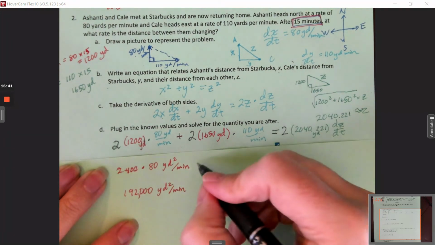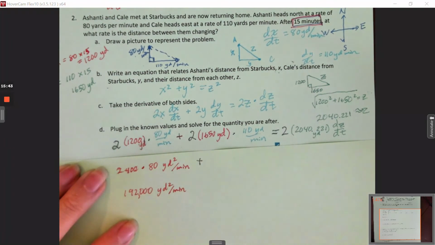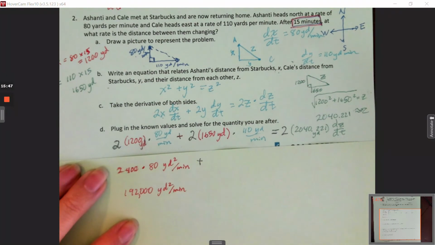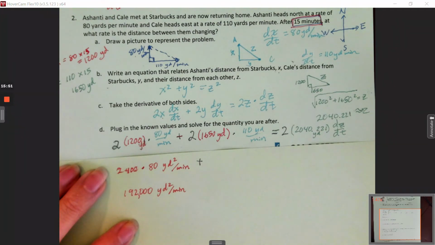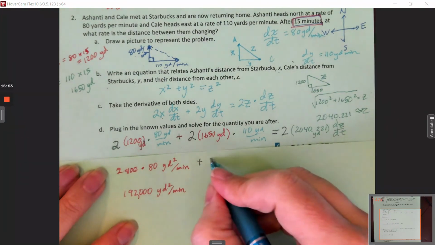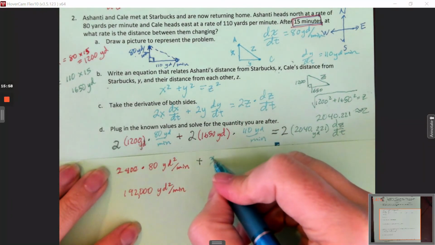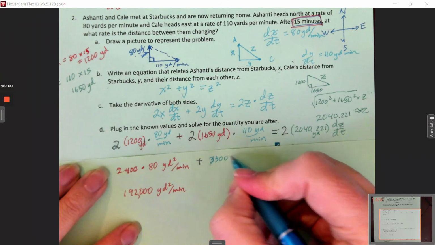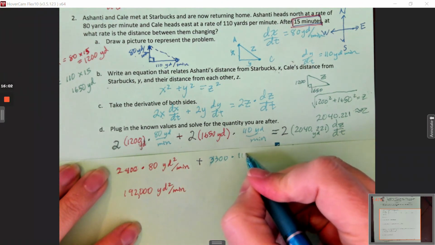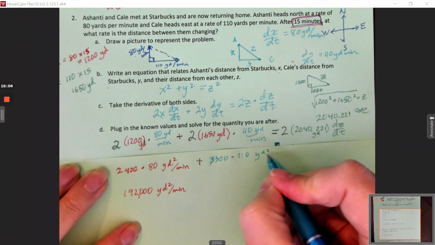Plus 2 times 1650 times 110. Okay, slowing down. 3300 times 110 yards squared per minute.